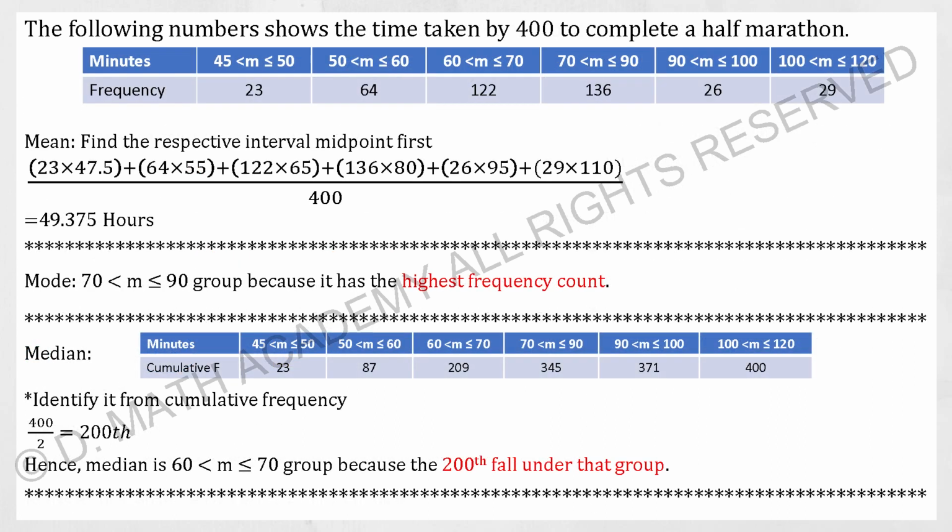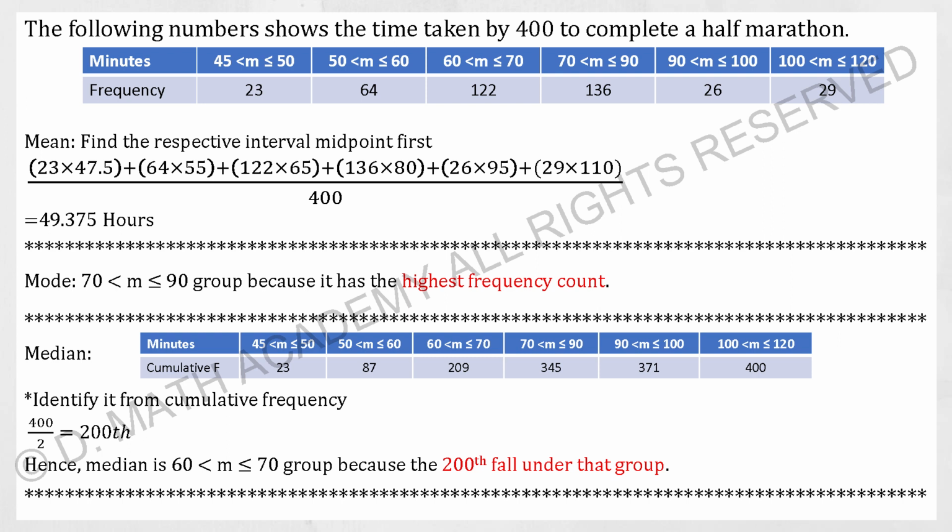The next type of question involves class intervals. For this type of question, you're required to find the midpoint of the class interval first, simply by taking 45 plus 50 divided by 2, 50 plus 60 divided by 2, and repeating for the rest of the numbers.